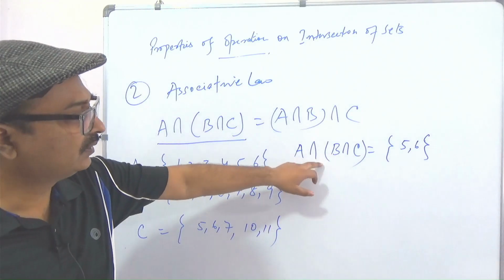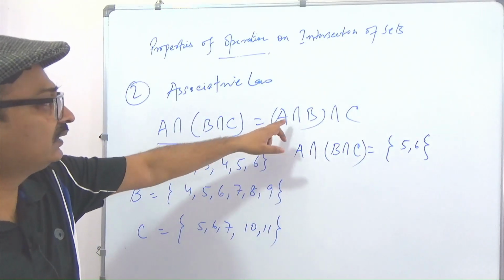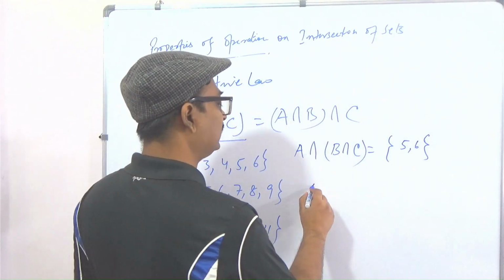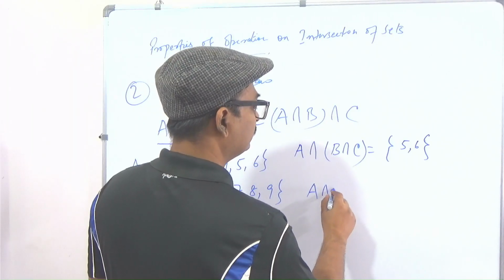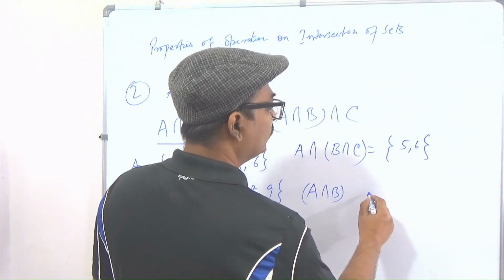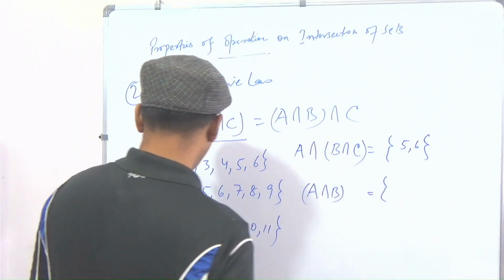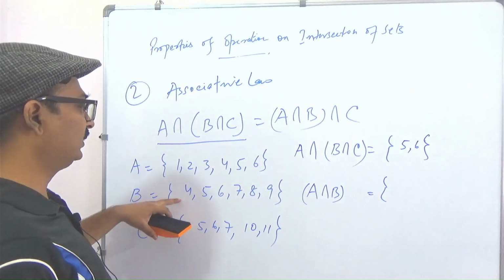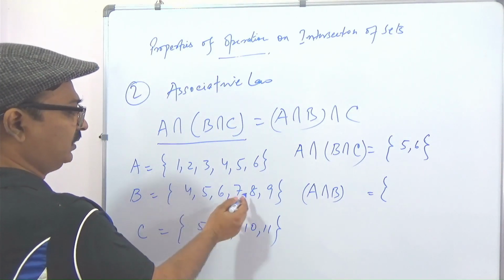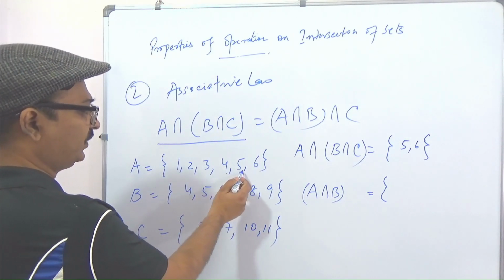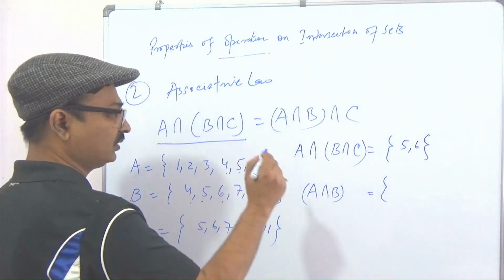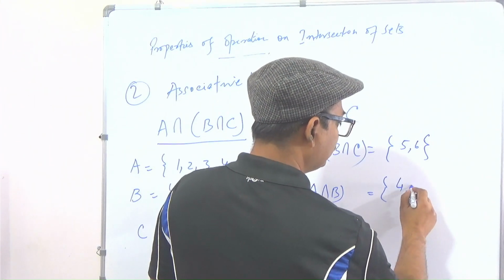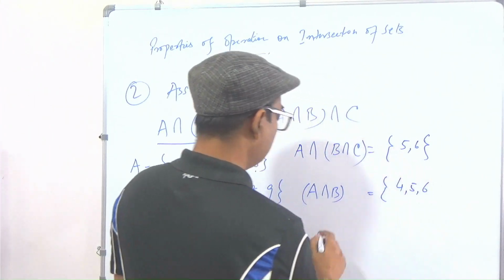Now we'll see through the other way. A intersection B. What is it? 1, 2, 3 is not present here, but we have 4, 5, 6. So this will be 4, 5, 6.